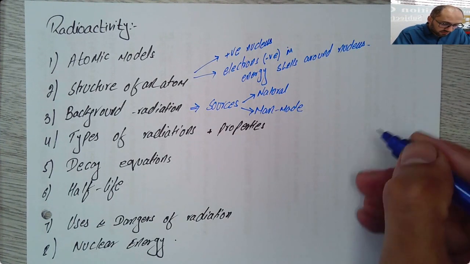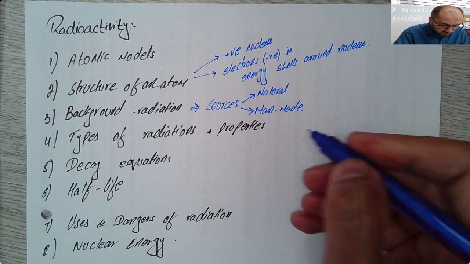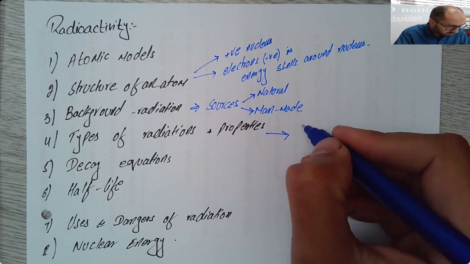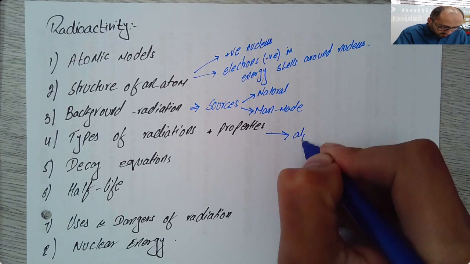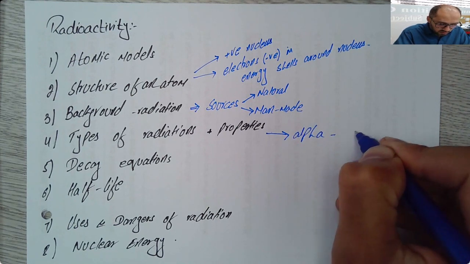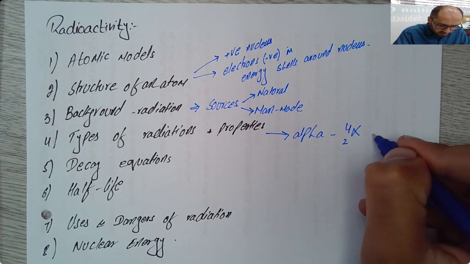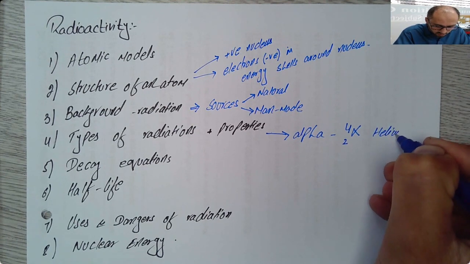When it comes to types of radiations and their properties, we generally have mainly 3 types, right? We've got alpha, which has a mass of 4 and a charge of 2. It is a helium nucleus.